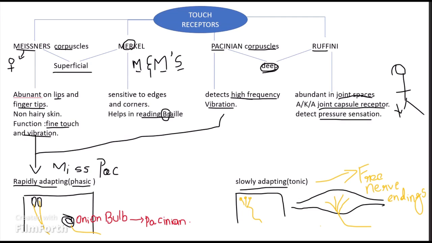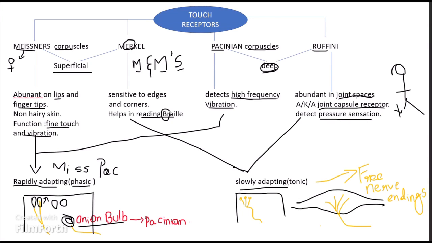Okay. So the examiner may also give some diagrams like this and ask an image based question. Meissner's and Pacinian are usually drawn like this, as a corpuscle. So based on its location, if it is closer to the epidermis, it will be Meissner's, and if it is deep, it will be Pacinian. And Pacinian corpuscle is also known as the onion bulb receptor.